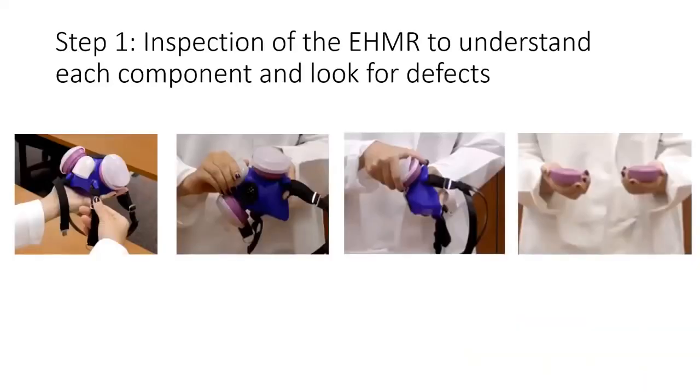For the training, workers watched a 9-minute video in which they were trained in these key 6 areas, including inspection of the elastomeric to understand each component and how to look for defects within the respirator.